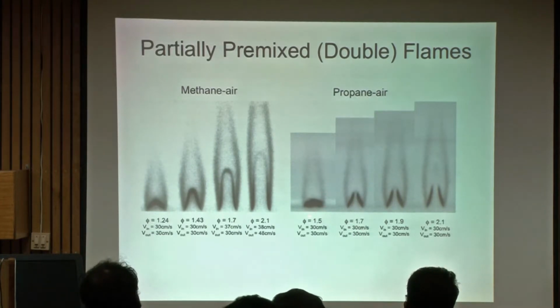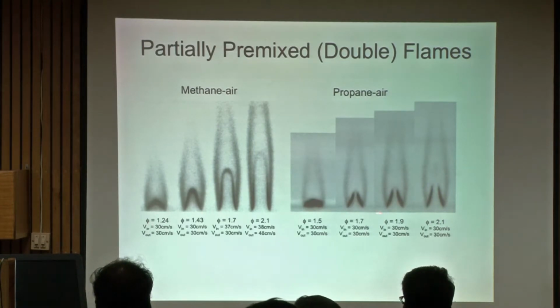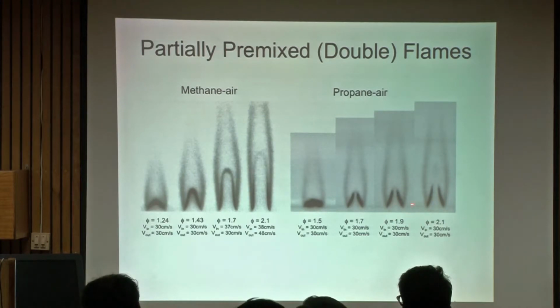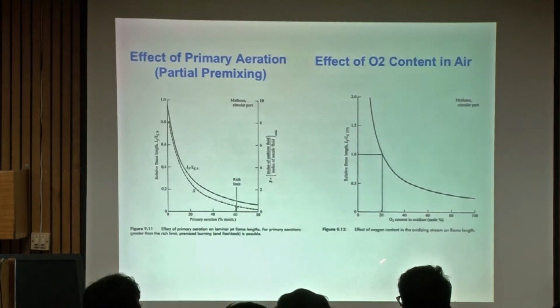So this is not what you want to do in home burners. You want to operate somewhere here, maybe somewhere in this range. According to this graph, it says 60% aeration.